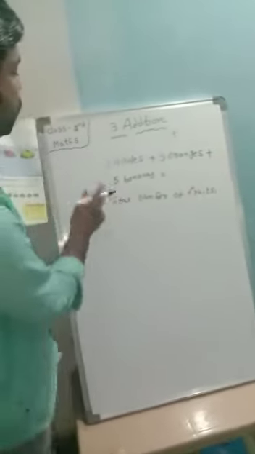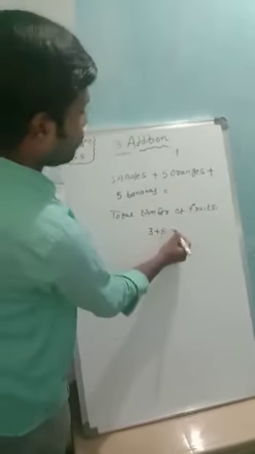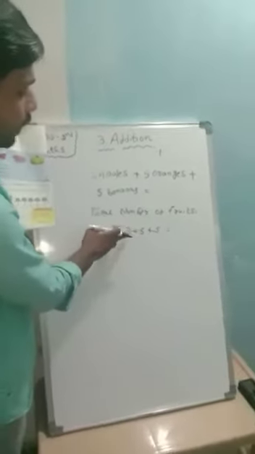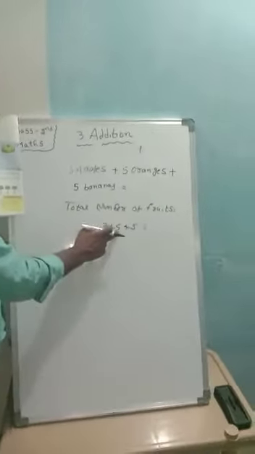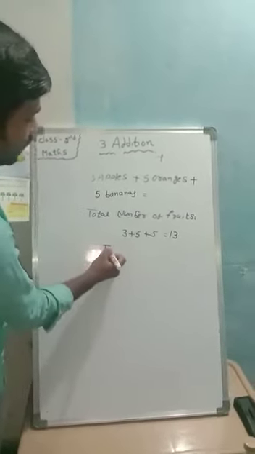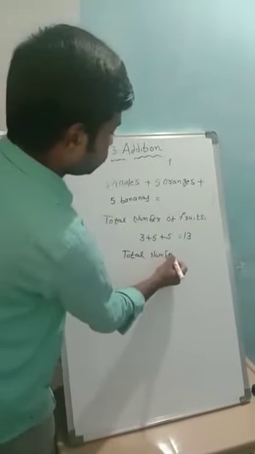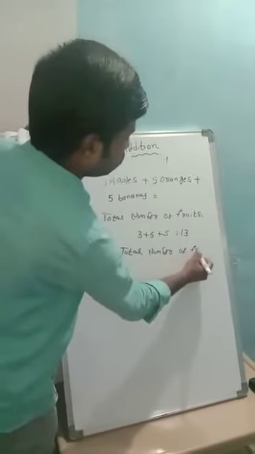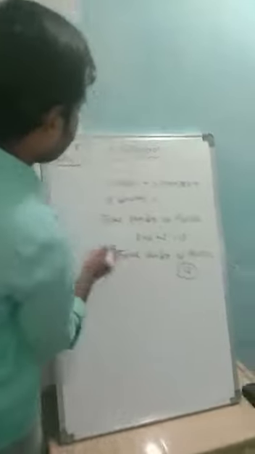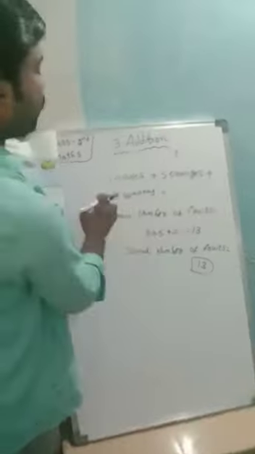So total number of fruits is 3 apples plus 5 oranges plus 5 bananas.